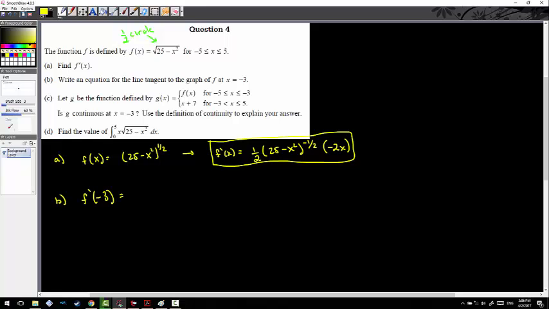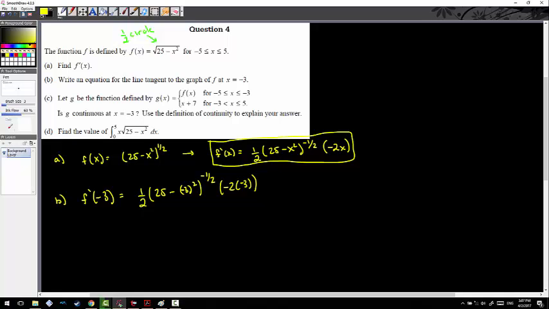So, what's the slope at negative 3? Well, that's going to be 1/2 times 25 minus 3 squared to the negative 1/2, times negative 2 times negative 3. And that should be positive, I want to make sure that stays right the whole way. Okay, cool.